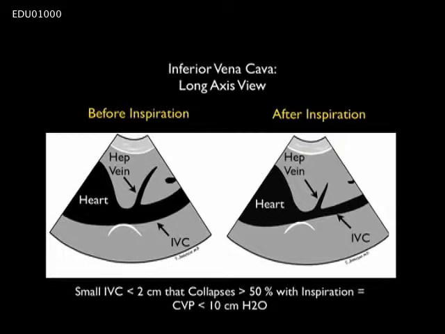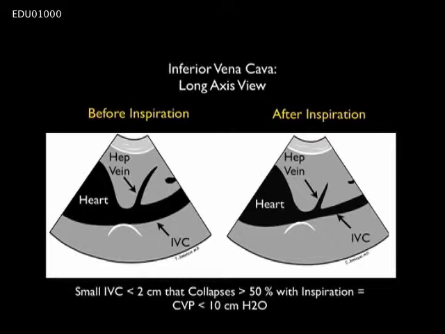To determine the volume of the core vascular circuit, or the central venous pressure, the IVC needs to be looked at with regard to two specific variables. The first is the absolute size of the IVC, and the second is the percentage change from expiration to inspiration. The IVC is measured at a point about 2 centimeters distal to the confluence of the right atrium, at a point just inferior to the confluence of the hepatic veins.